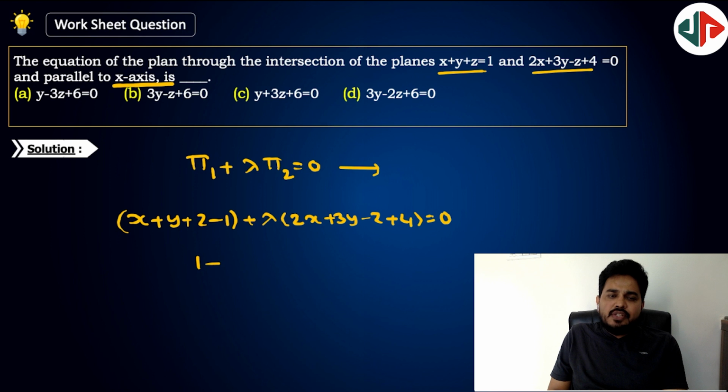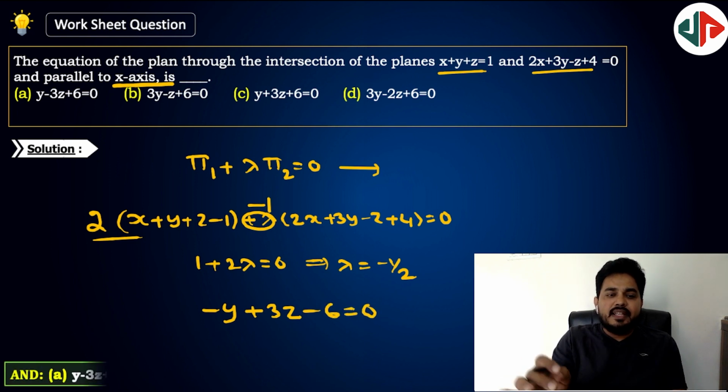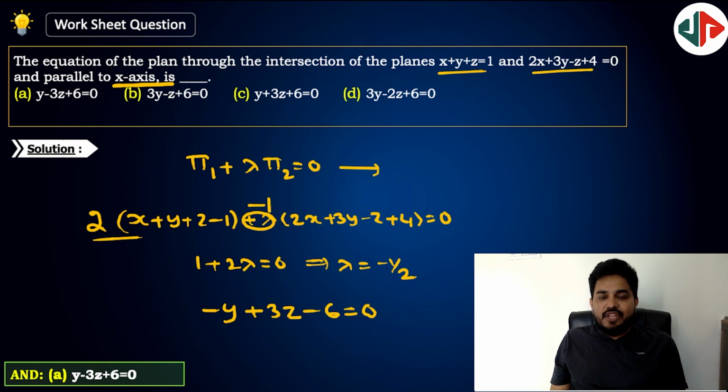So here 1 plus 2 lambda equal to 0. So lambda is equal to minus 1 by 2. So you need to replace lambda here with minus sign and here 2. 2x minus 2x cancel. 2y minus 3y is equal to minus y. 2z minus of minus plus 3z minus 2 minus 4 minus 6 is equal to 0. So the answer is y minus 3z plus 6 is equal to 0.